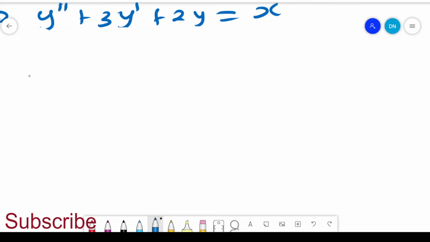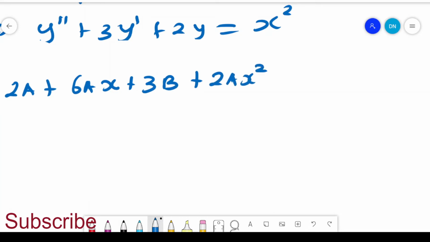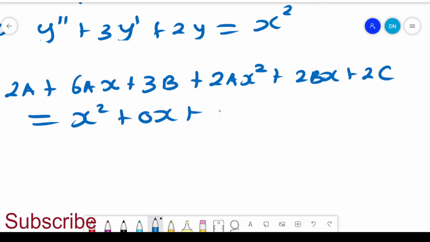We know that y double prime is 2a, plus 3y prime, that is 6ax plus 3b, then plus 2 times y, this is 2ax squared plus 2bx plus 2c. This will be equal to x squared plus 0x plus 0. Why have I introduced 0x?